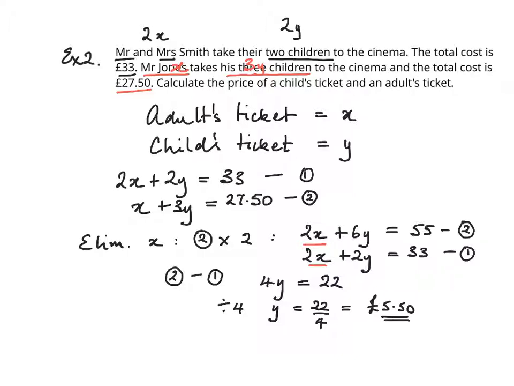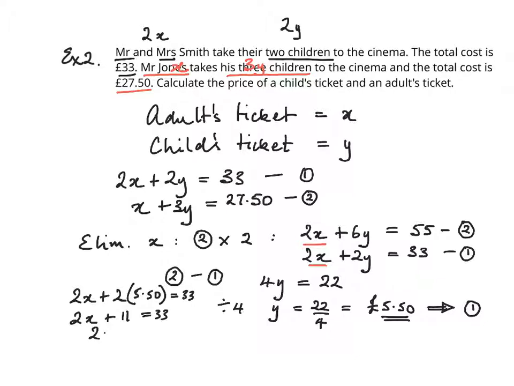And what I want to do next is to work out the cost of an adult's ticket. That's the value of x, so I'm going to have to substitute that back into one or other of the 2 equations. I'll just use equation 1, I think. So what does that give us? 2x plus 2y, that's plus 11 equals 33.